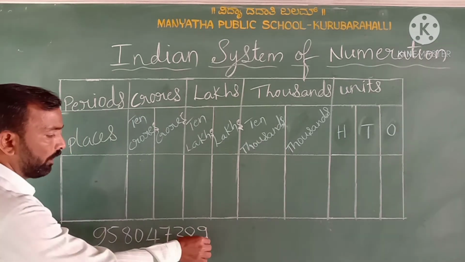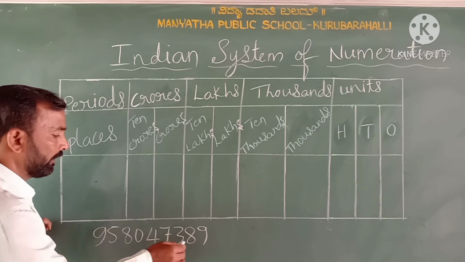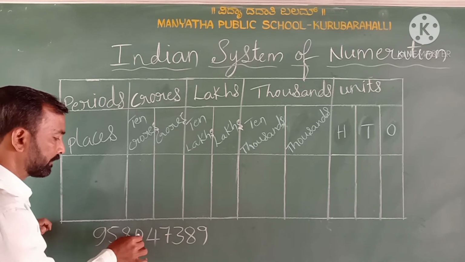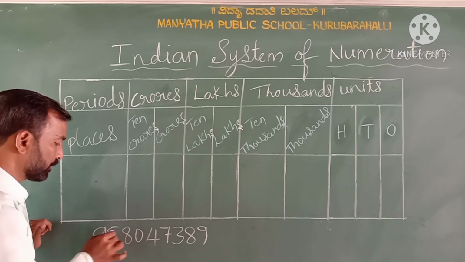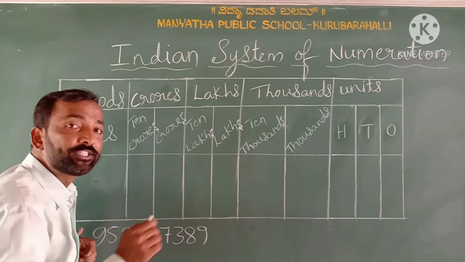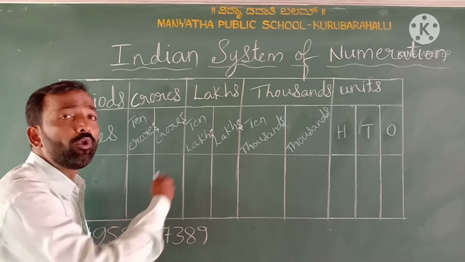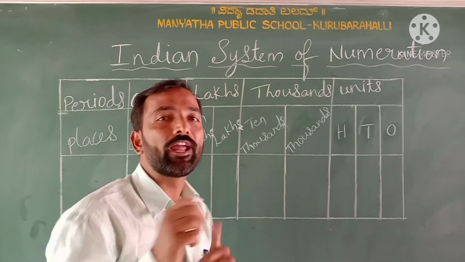1, 2, 3, 4, 5, 6, 7, 8, 9. There are 9 digits. How can you put this given number in the place value table?